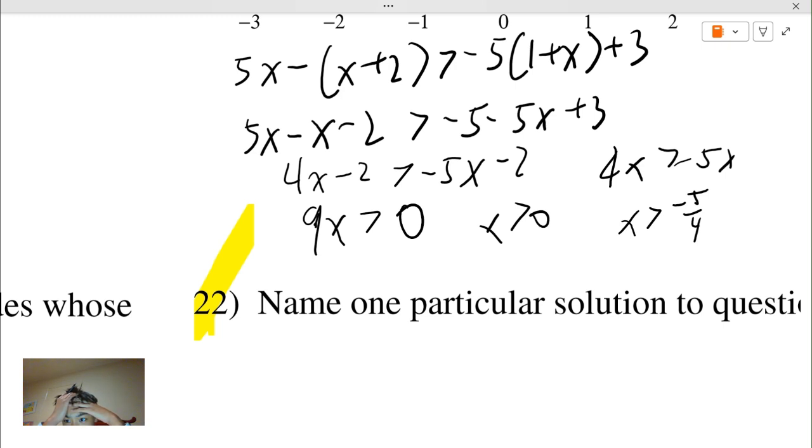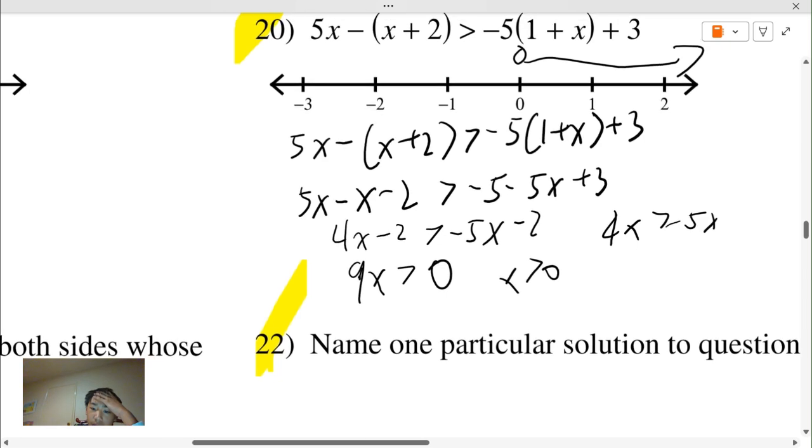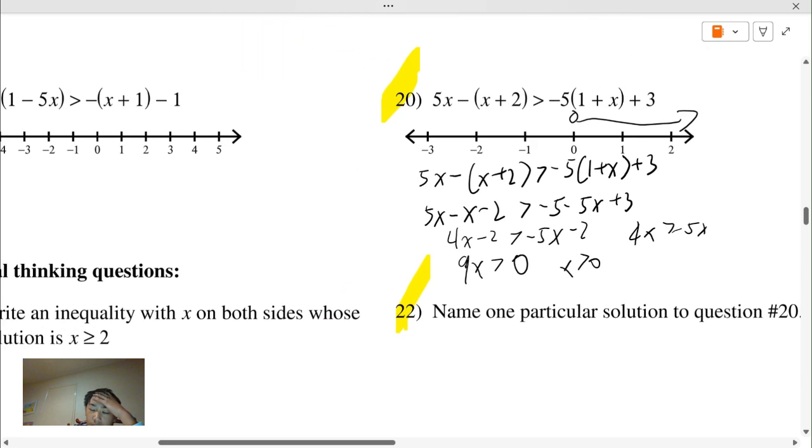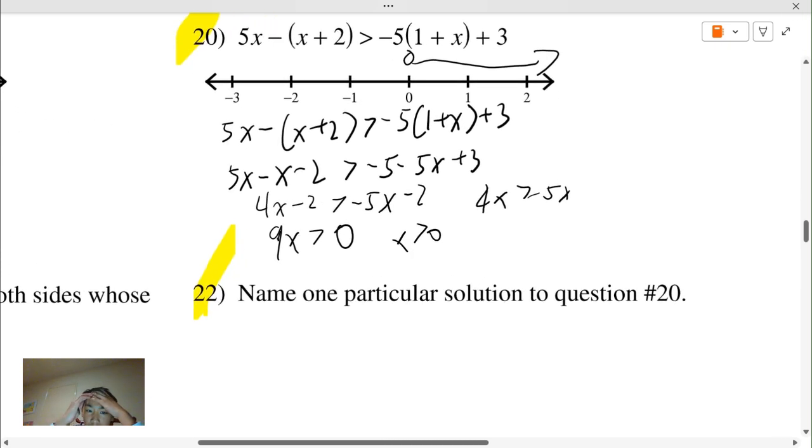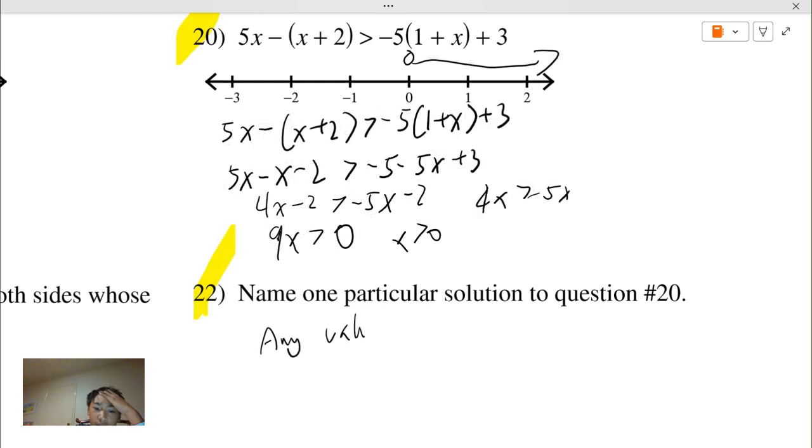This actually makes sense. Any value greater than 0, I think.